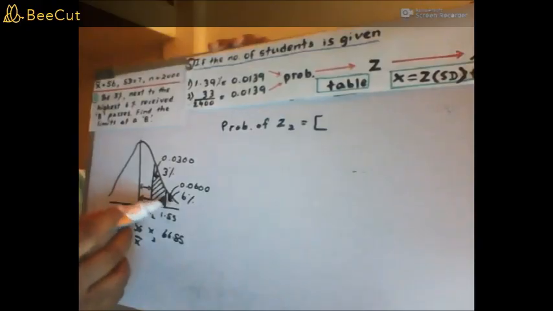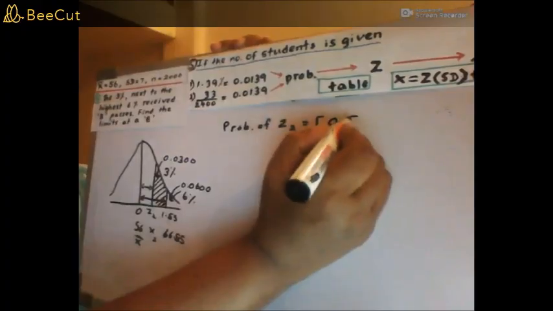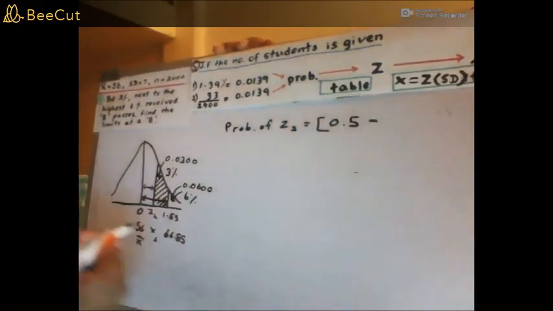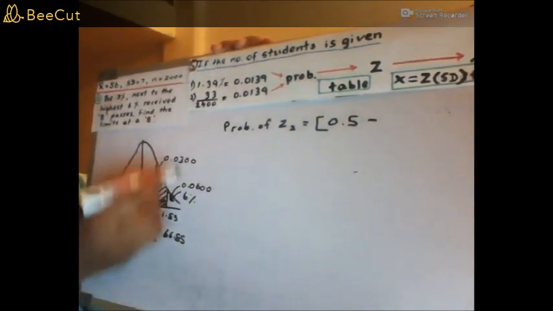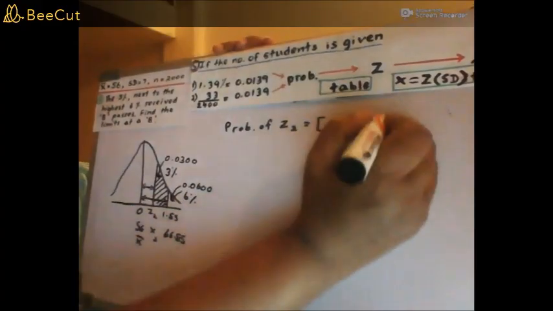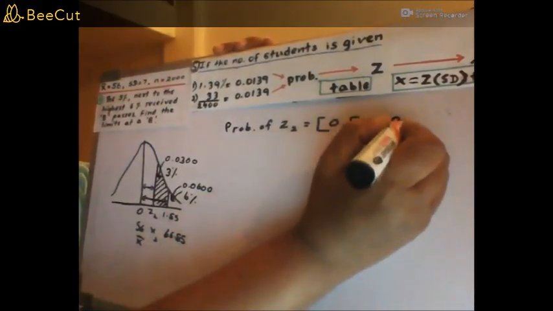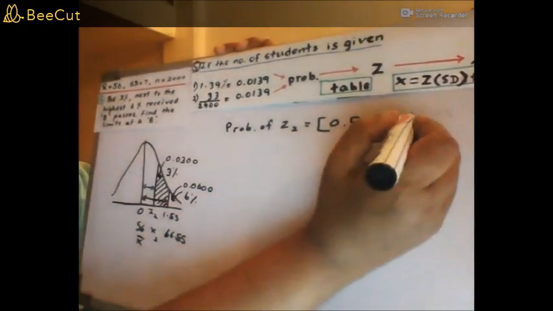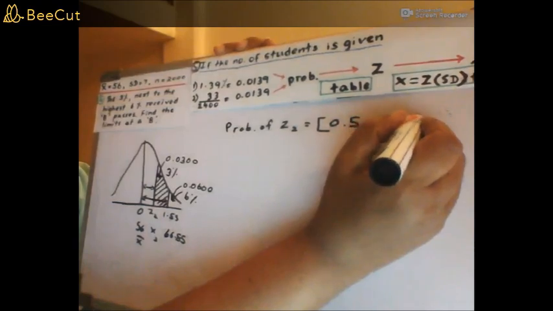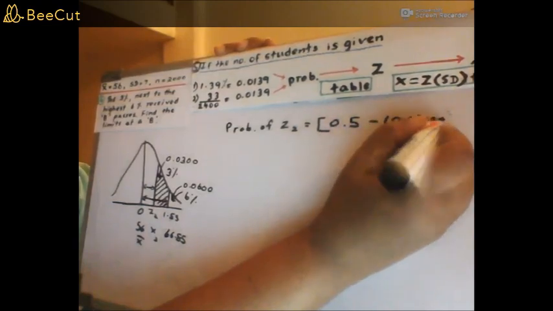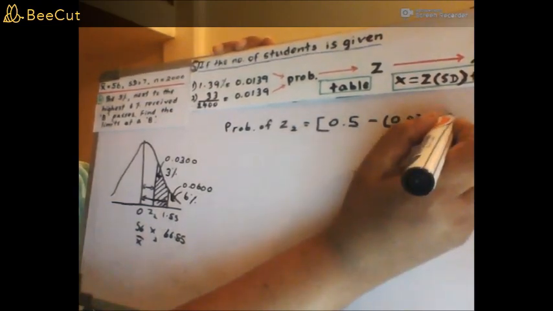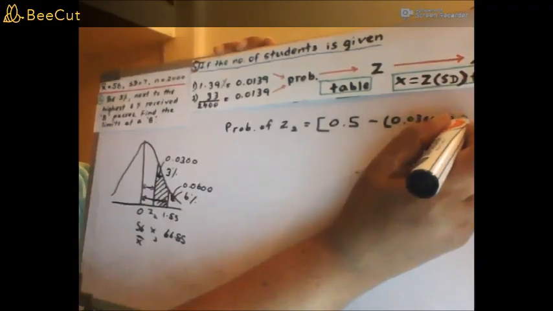We have to deduct this whole thing from 0.5. What's this whole thing? You have to add these two probabilities. So 0.0300 plus 0.0600.